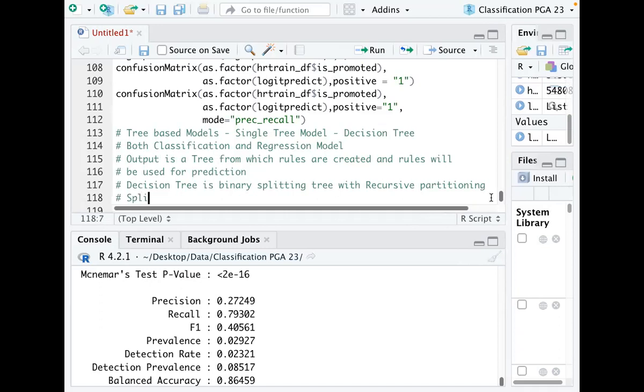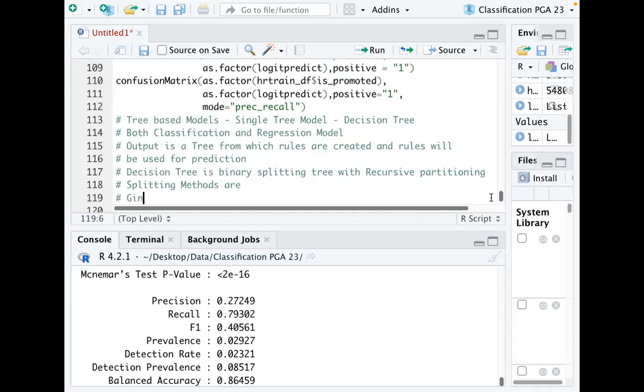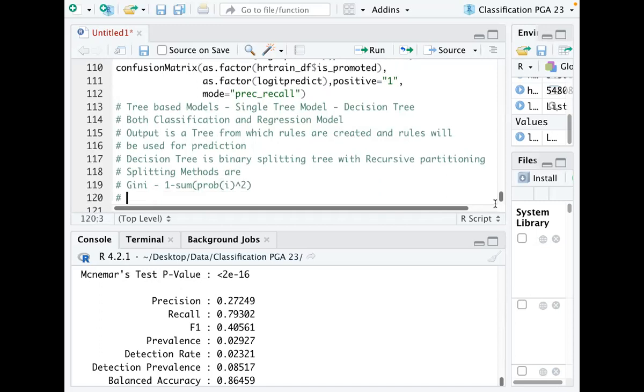The splitting methods are Gini, which is 1 minus the sum of probability of i squared. Then you have entropy and information gain.